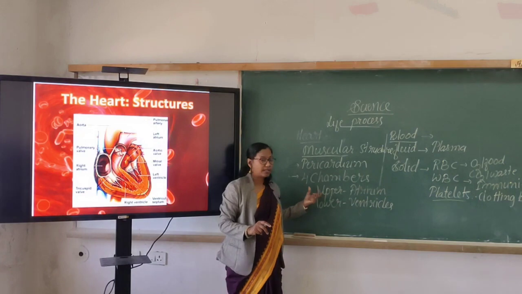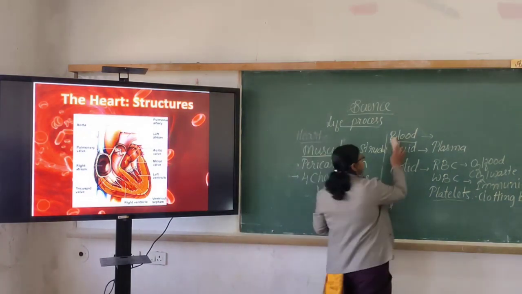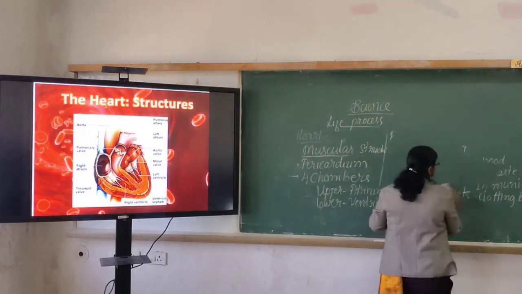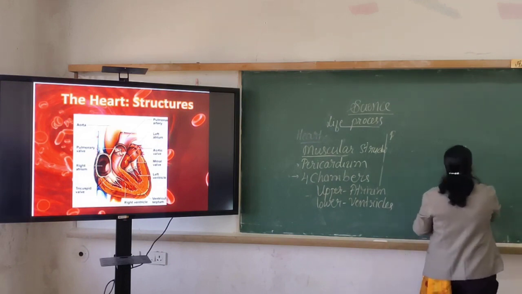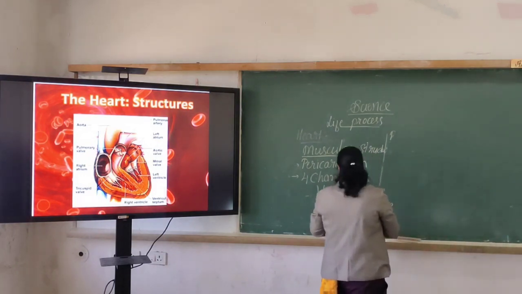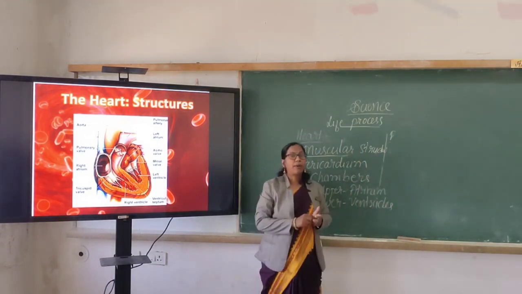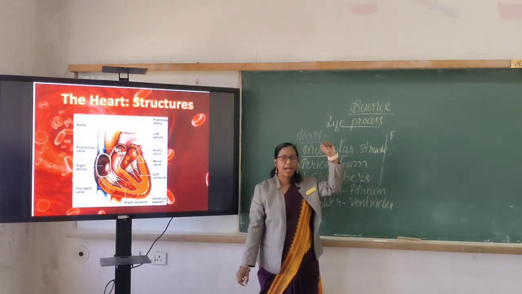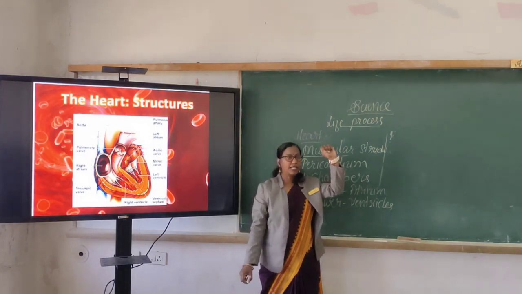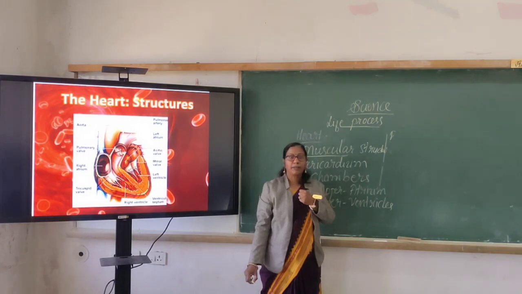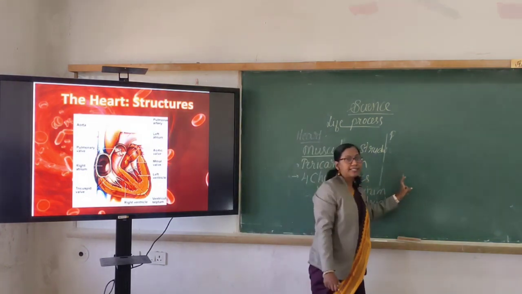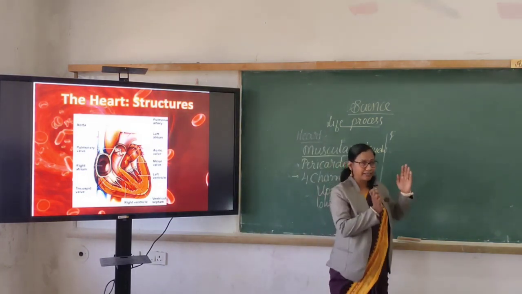Let us see how it moves. First, let us try understanding it by drawing one part at a time. As I said, it is a muscular organ about the size of your left hand fist. It is situated in the middle of your lungs, slightly tilted towards your left, not straight.